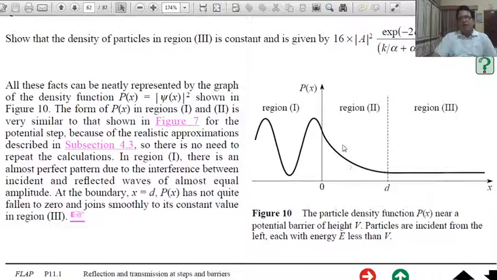Here the physical interpretation of the wave function is shown in graphical form: the incident wave function, in region 2 it is exponentially decaying, and in region 3 it is constant because there is nothing there to change the path of the particle. That means there is no interference. Okay.